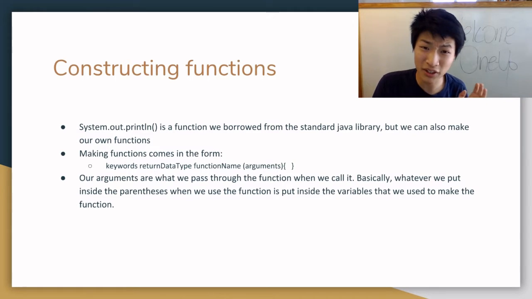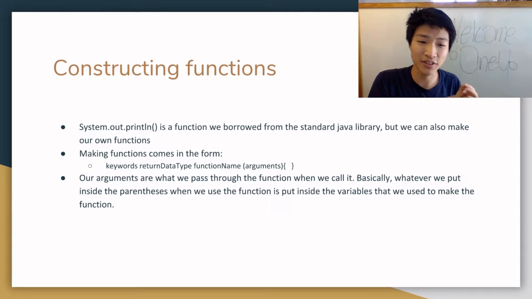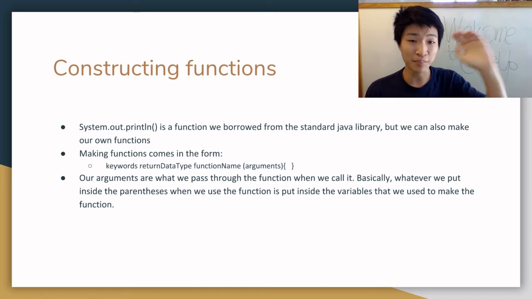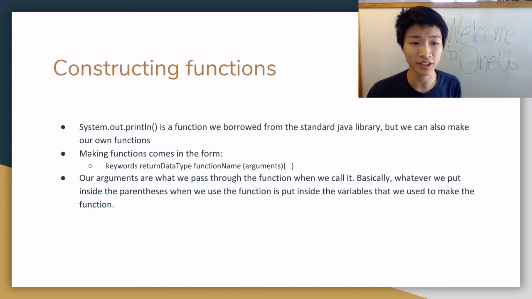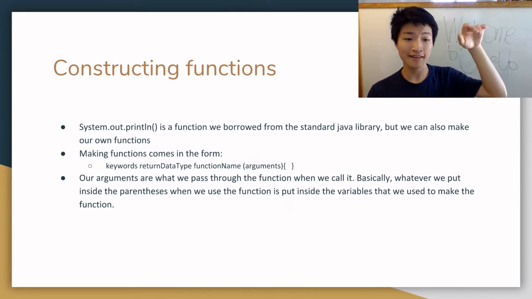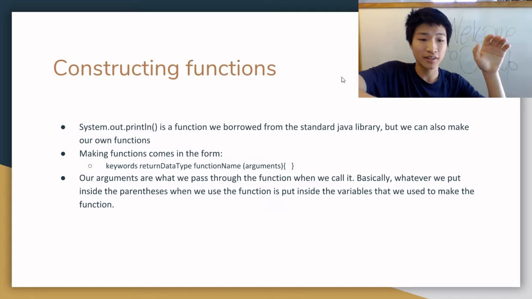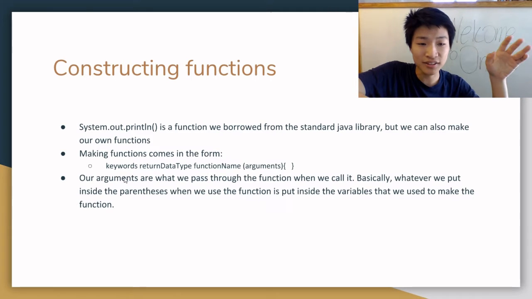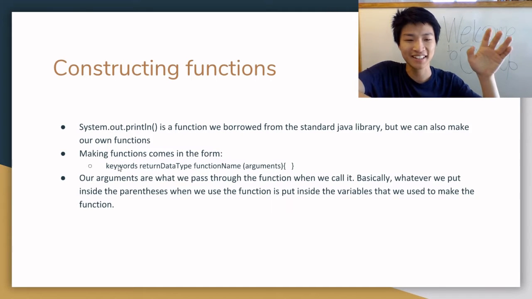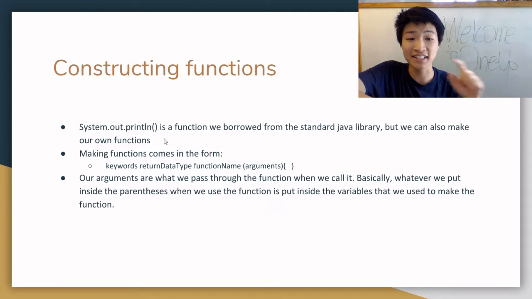But what if we want to make our own functions? They have the System.out.println function. What if we want to make our own? Well, right above the main function or below the main function, we write our keywords: public static, and then we have our return data type.